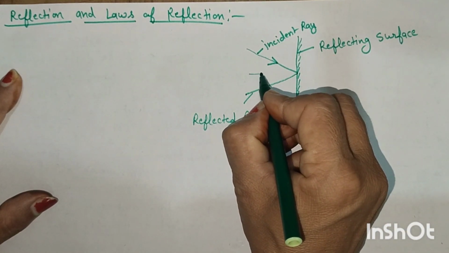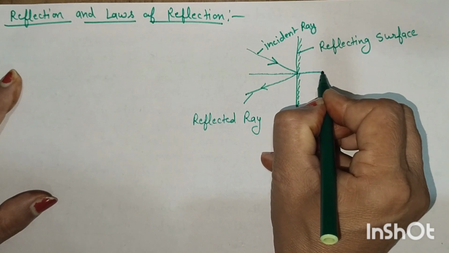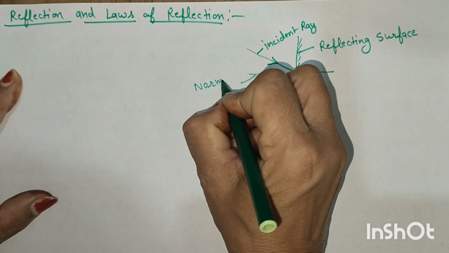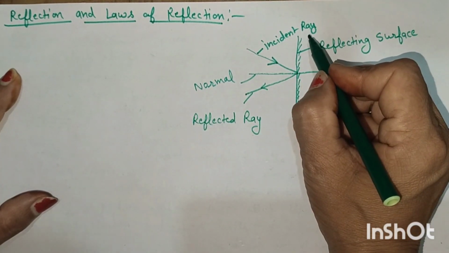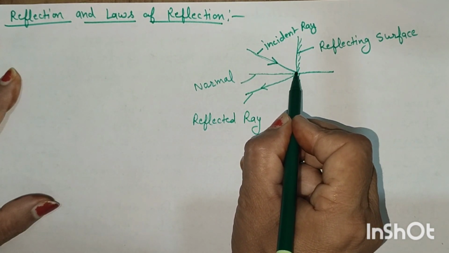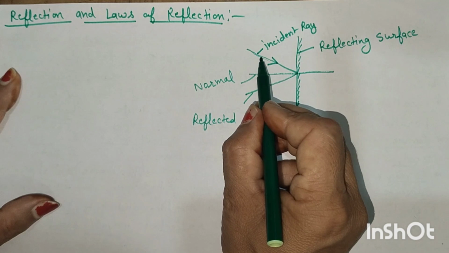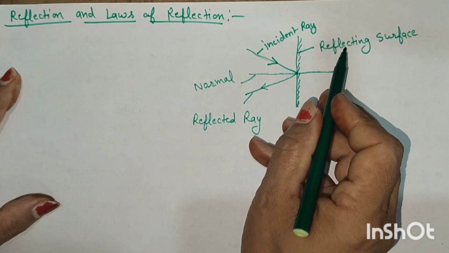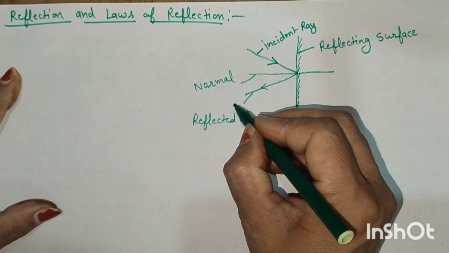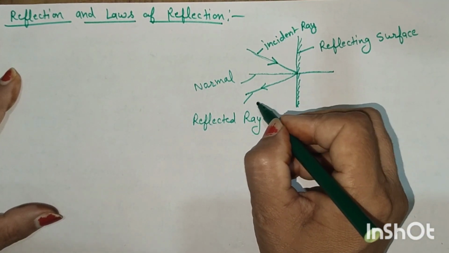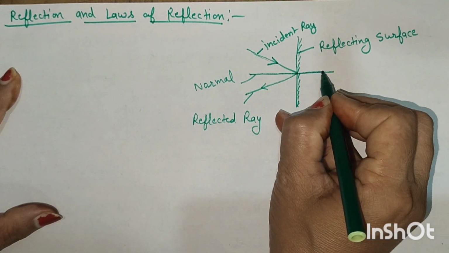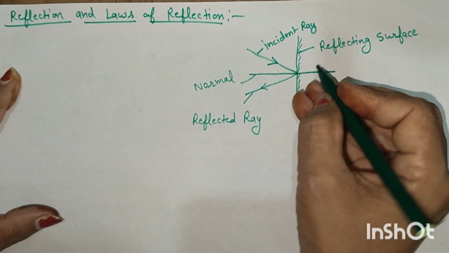And the perpendicular to the reflecting surface is called the normal. The ray which falls on the mirror is the incident ray, the ray which bounces back is the reflected ray, and the perpendicular is the normal.